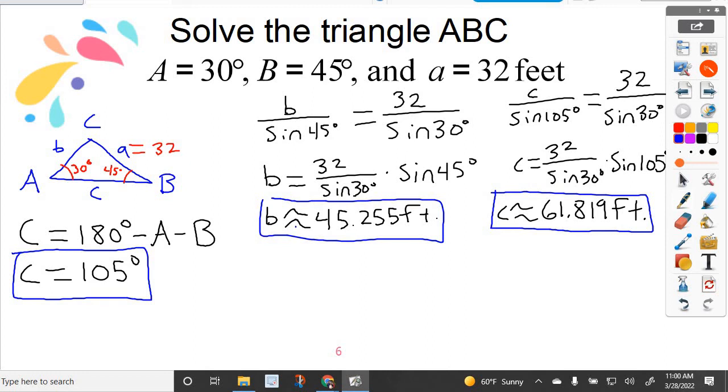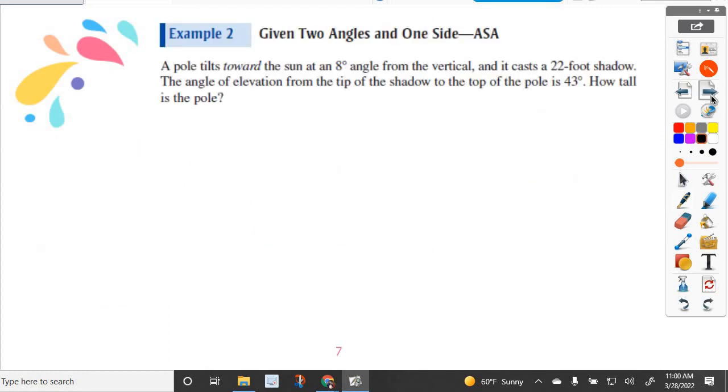But the last thing that we're going to look at today is the whole point of this stuff: laws of sines and laws of cosines, because we can use them for our application problems. Yay! Which is what your project's going to be over. You're going to be creating your own application problem using law of sines and law of cosines.